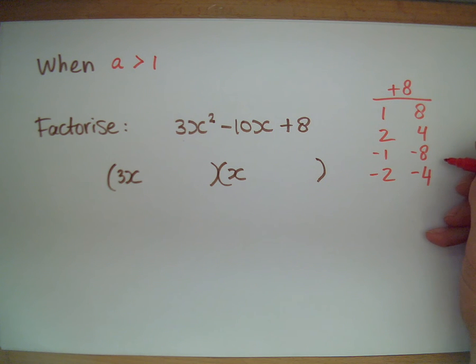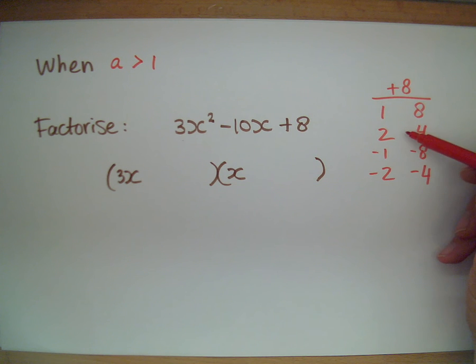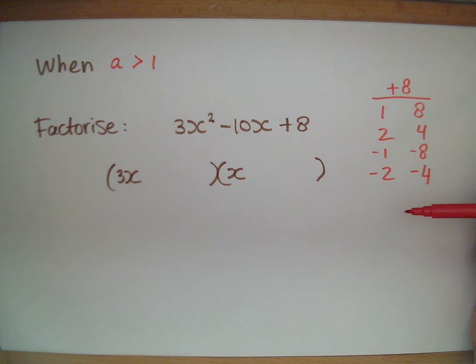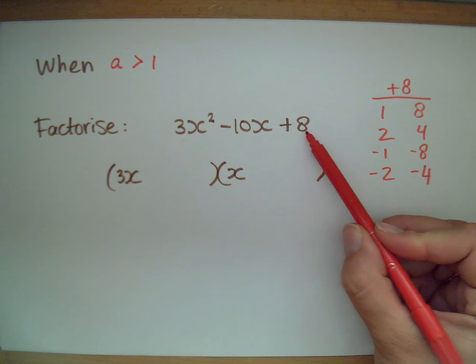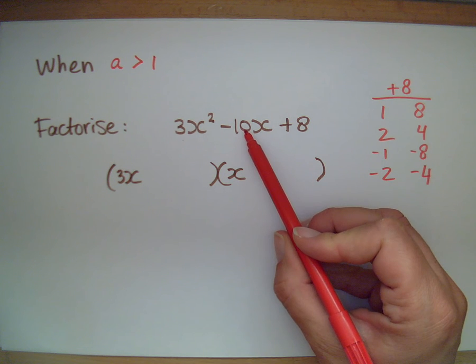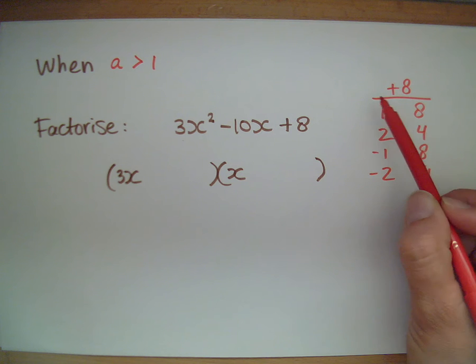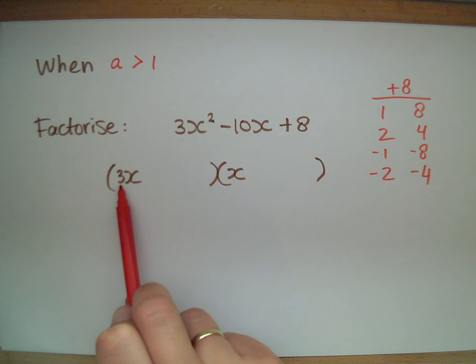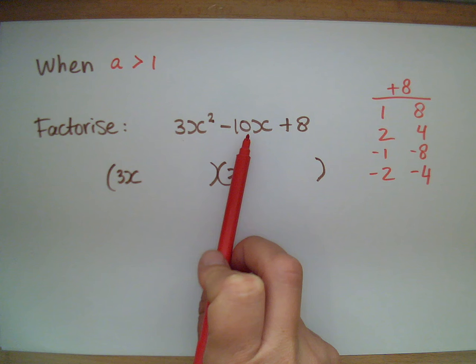Now, we can try to plug in all these different combinations, because we can no longer say these two numbers need to add up to negative 10, because we know that one of the two numbers is going to be multiplied by 3. See that? So how do we get negative 10?